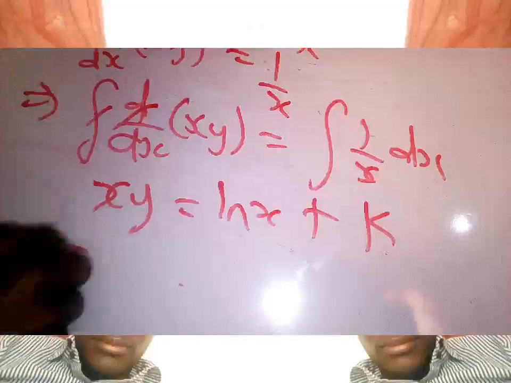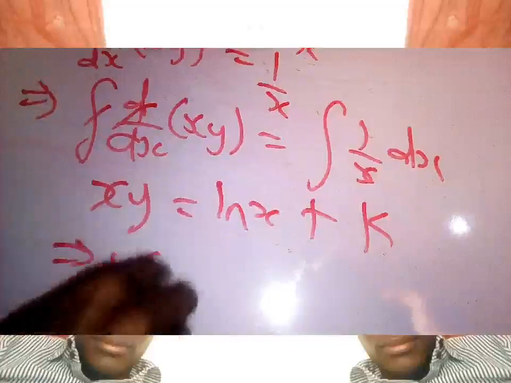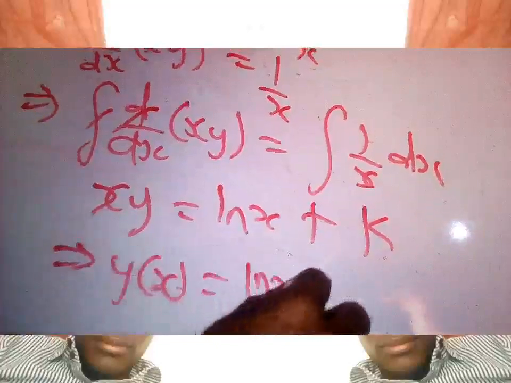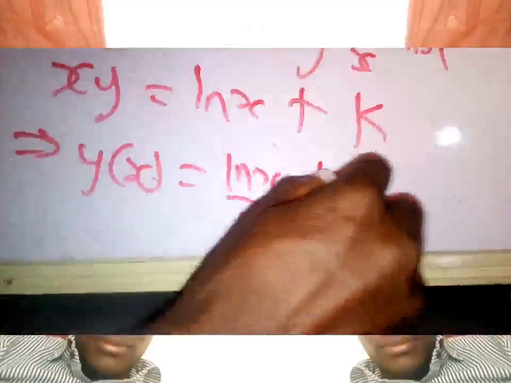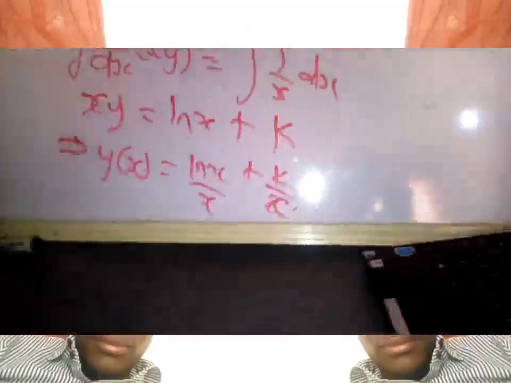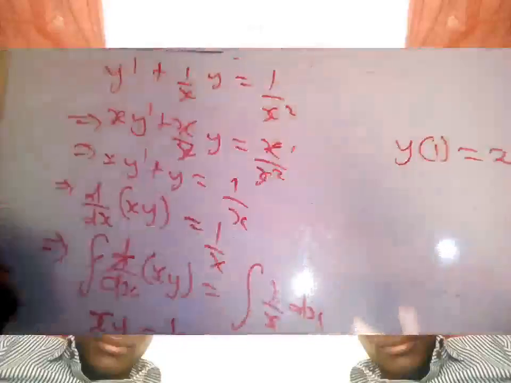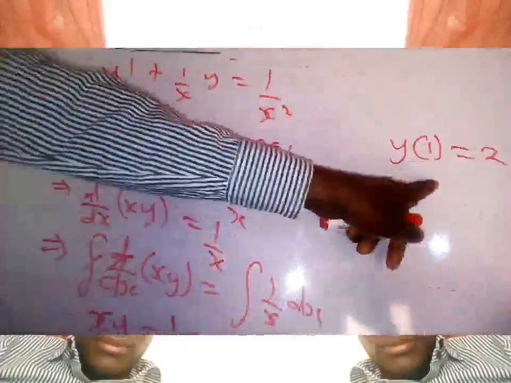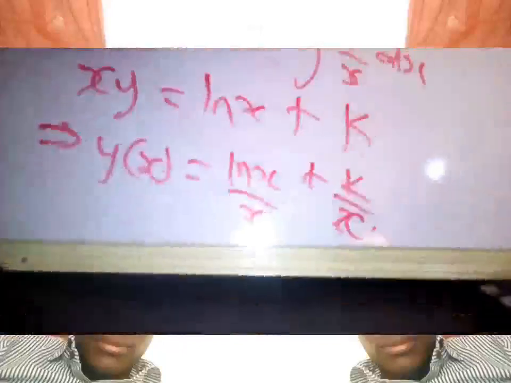So y, the subject, y of x is equal to ln x over x plus k over x. This is the general solution of that equation, but remember, it is subject to an initial condition, y of 1 is equal to 2. So we need to substitute to find our constant of integration, k.